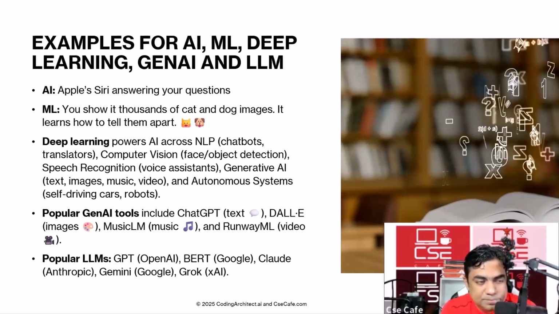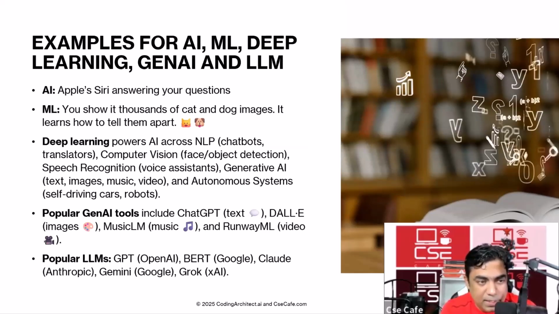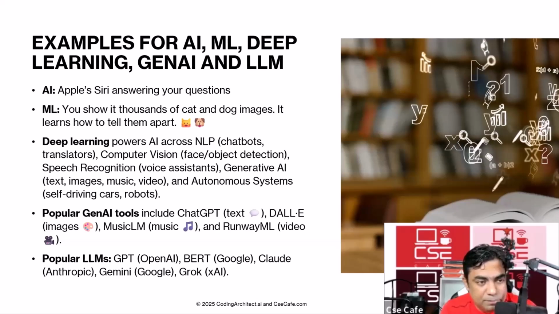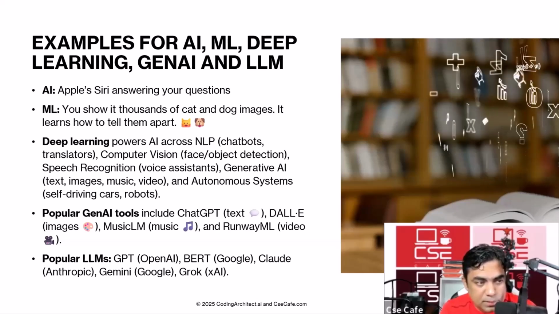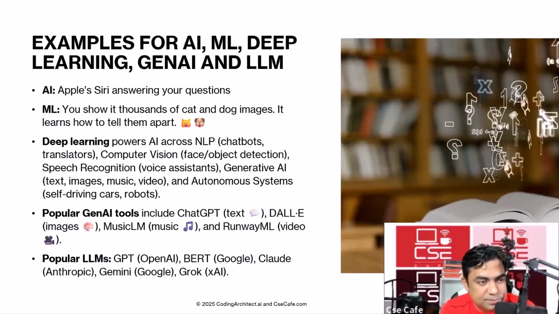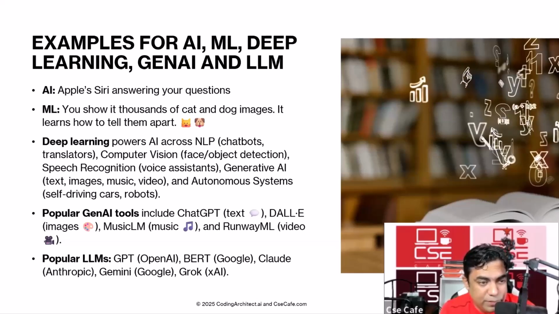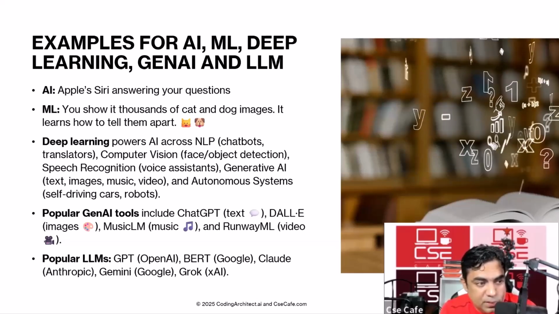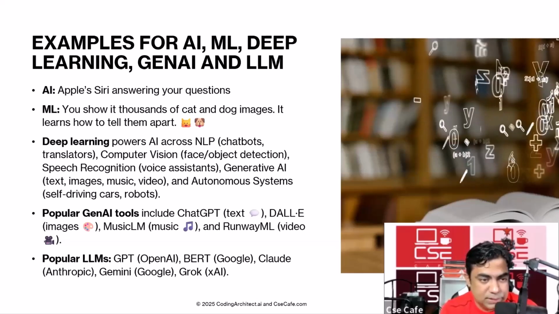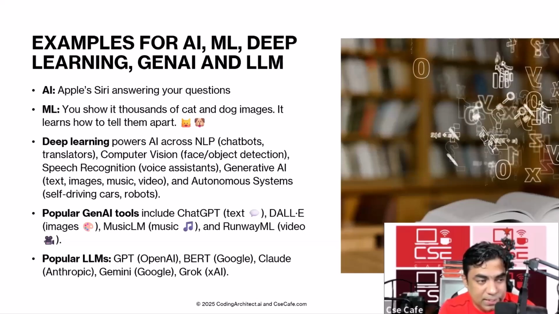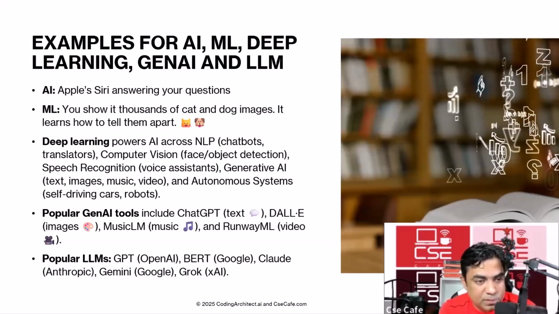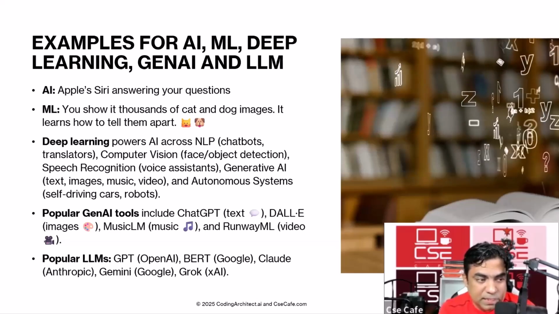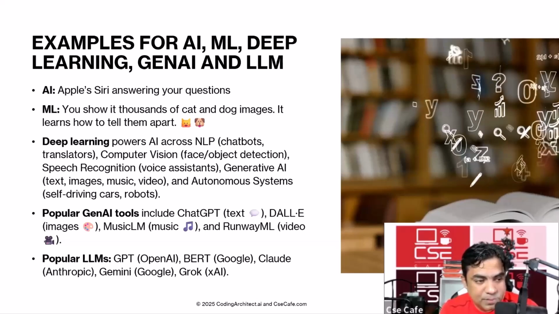And deep learning powers AI across NLP, which is natural language processing, like chatbots and translators; computer vision, like face and object detection; speech recognition, like voice assistants; generative AI, generating text, images, music, video; and even autonomous systems like self-driving cars and robots.